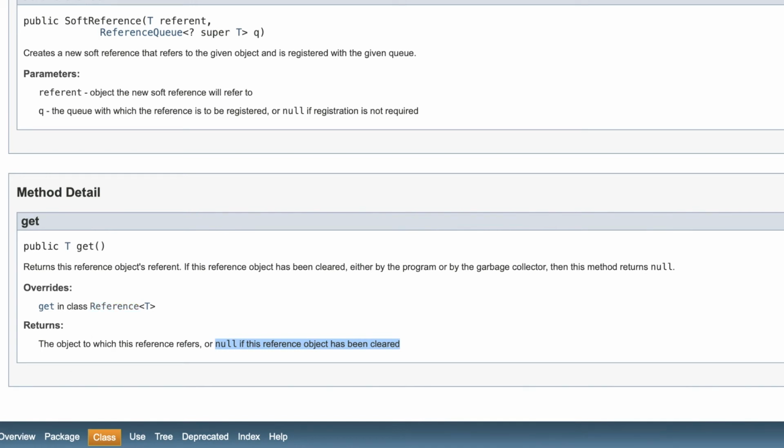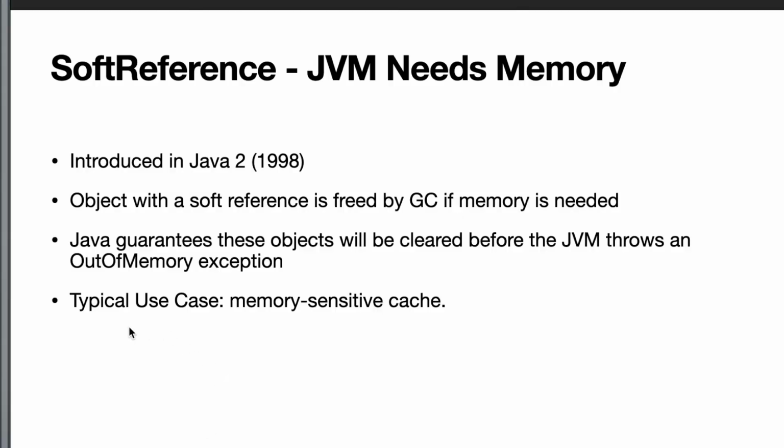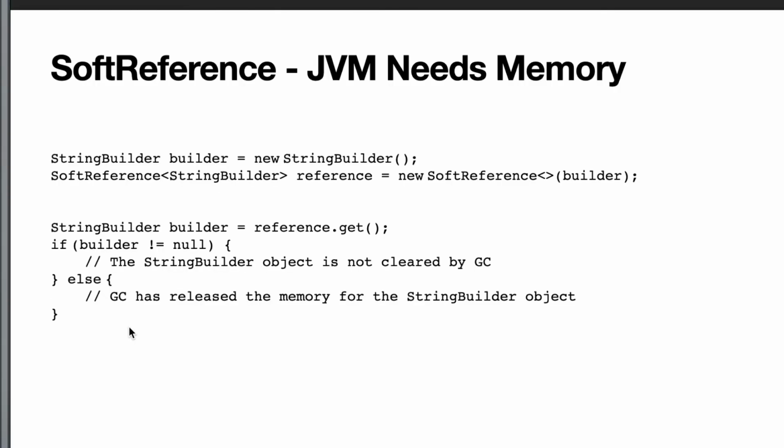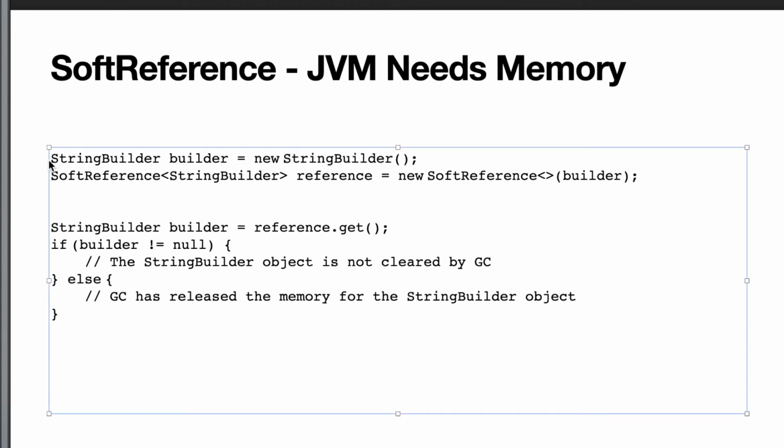Okay, so coming back to my slide, I just want to show you some sample code here. This is how we would typically use a soft reference. You have your object and you build your soft reference to the object. So you have here a new string builder, and then you have your new soft reference to the string builder object, and you store that in your soft reference.